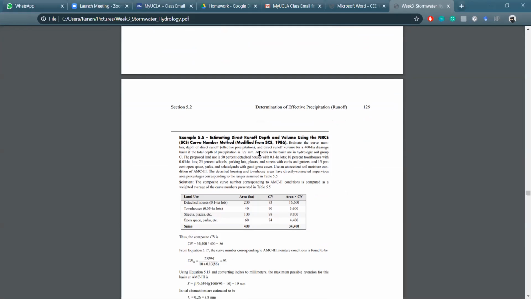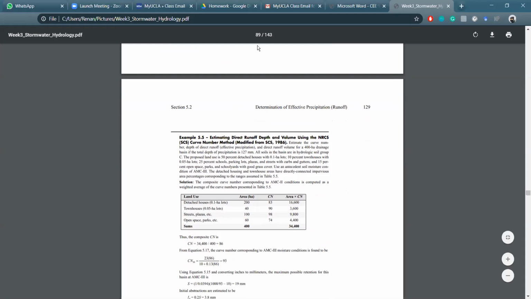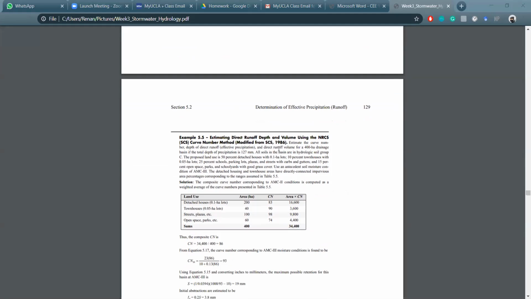It's asking you to estimate the curve number and the depth of direct runoff, which is R, and the direct runoff volume. So you multiply R by the area to get the total runoff volume.